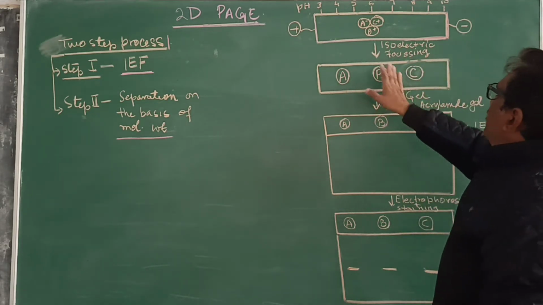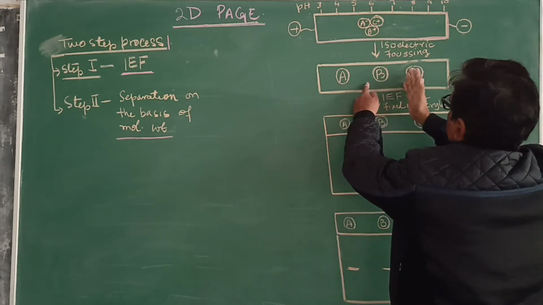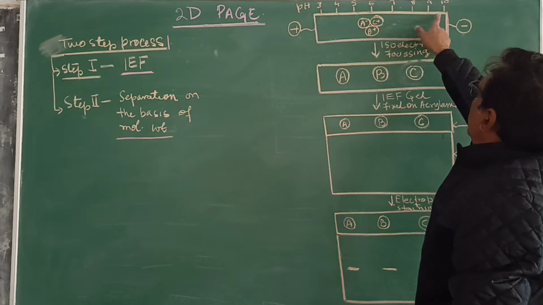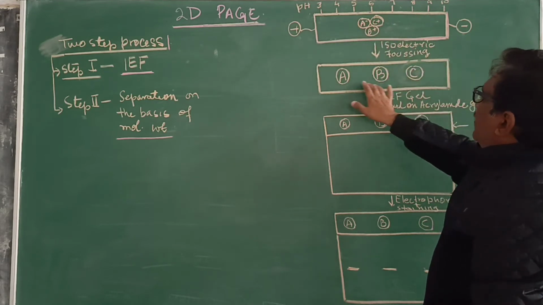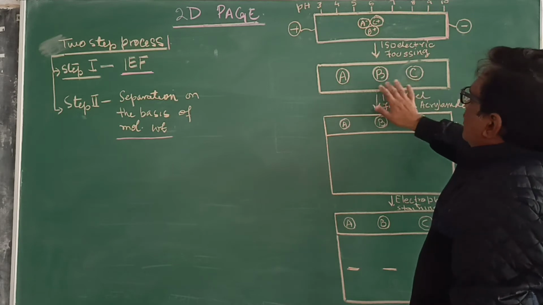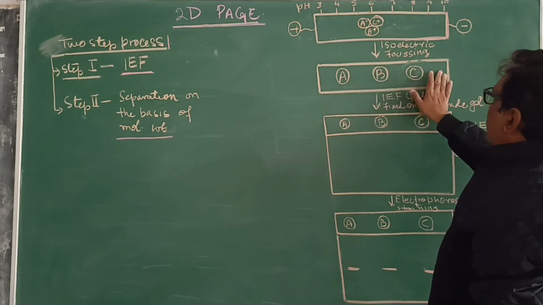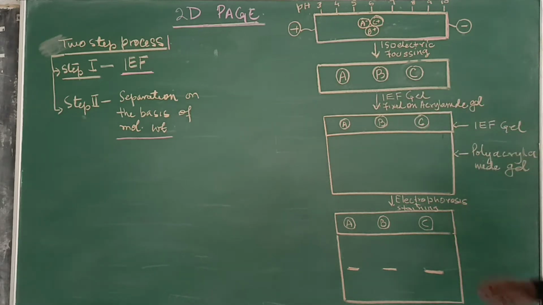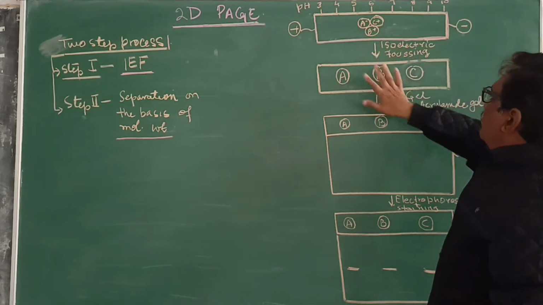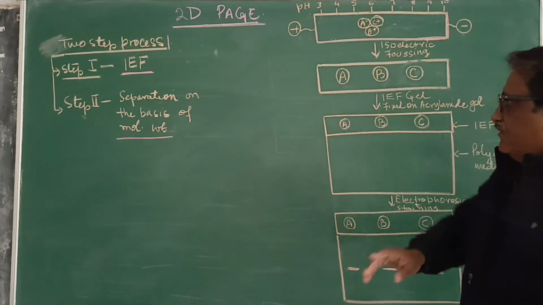In this way, all three types of proteins A, B, C will move different distances according to their charges, and they stop migration at different points, and this way they get separated from each other. So this is the separation of proteins according to their isoelectric point, and these proteins have very similar molecular weight.